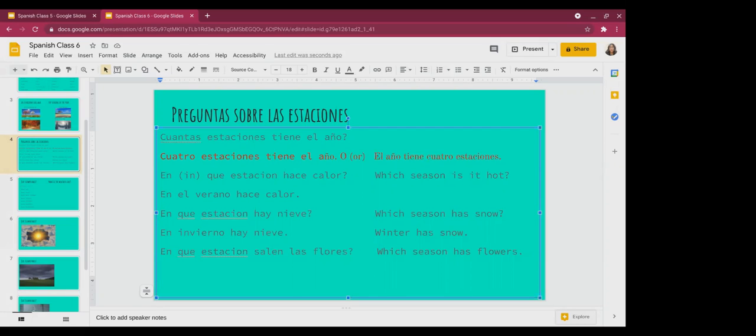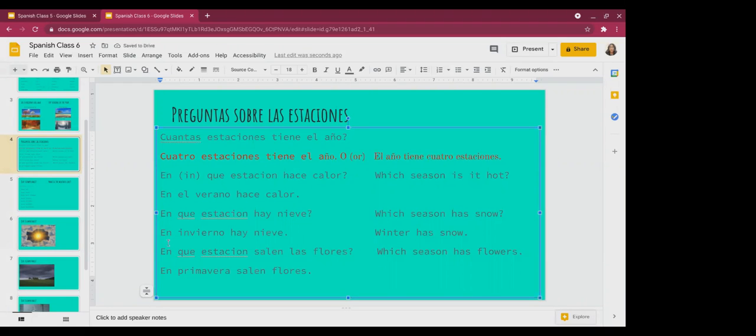So we would say en primavera. Now salen. What does salen mean? Salen means like it has or it comes out. And en primavera salen flores.